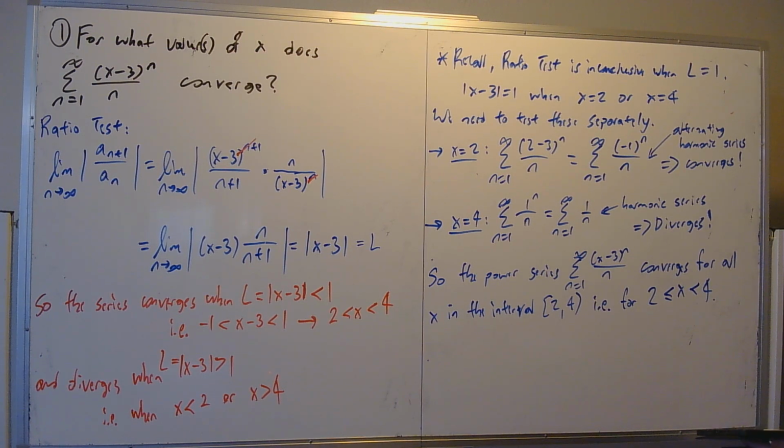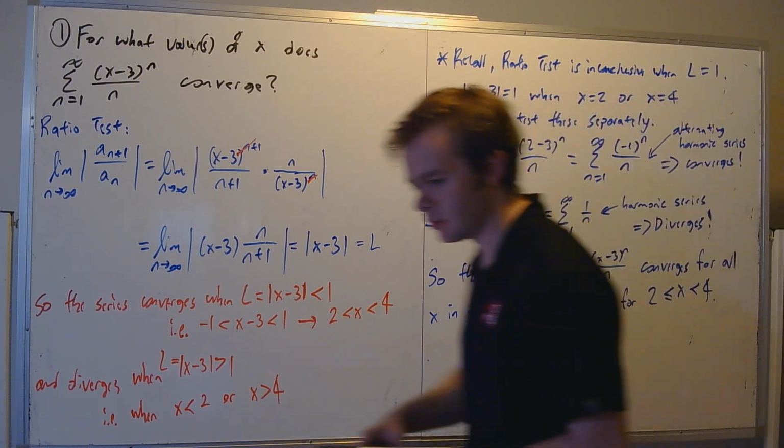Okay, so whenever x is in this range, our series is going to converge, and whenever x is outside that range, we know that our series is going to diverge. Okay, so let's just do some more examples using this.